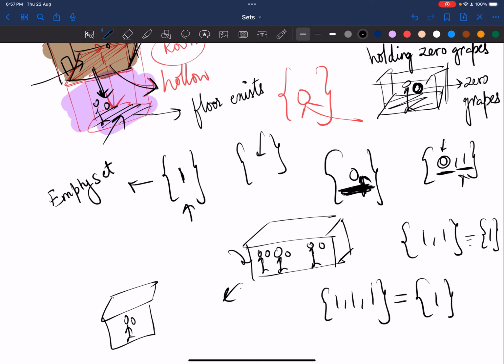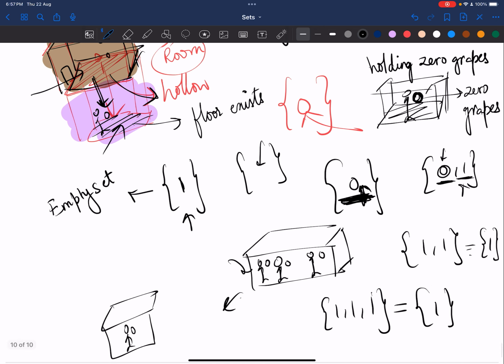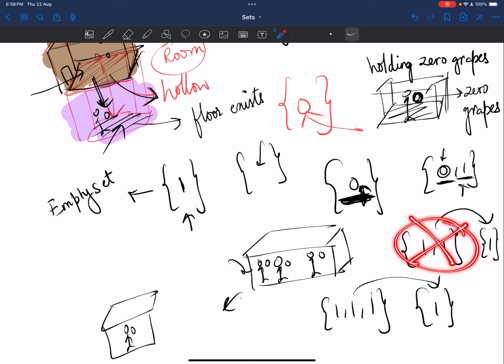I'm trying to explain that even if you have multiple clones in a room, because you don't allow that to happen, all of it cuts down into becoming just one. So instead of saying equal to, I would rather say something else because I don't think equality is a nice thing to say here. It's more like we push them down to this. We don't want clones.